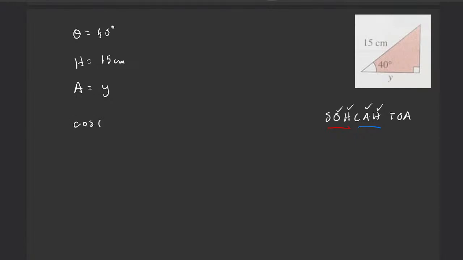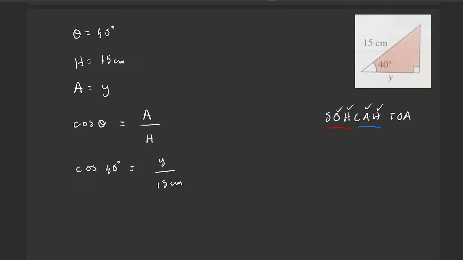And what do we know? Well, we know cos theta is equal to the length of the adjacent, capital A, divided by the length of the hypotenuse, capital H. Right? So let's plug in our values. Cos 40 degrees is equal to y, the length of our adjacent, divided by 15 cm.